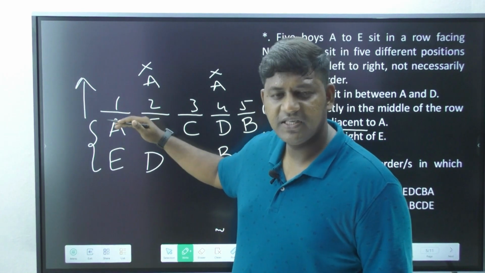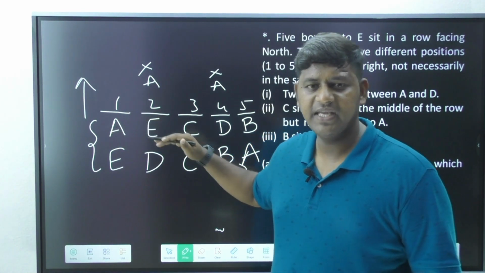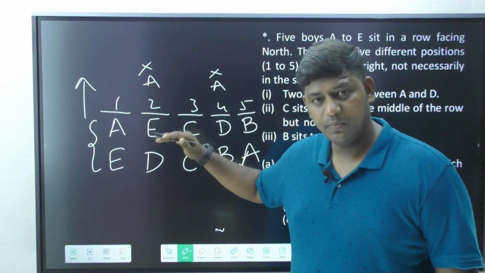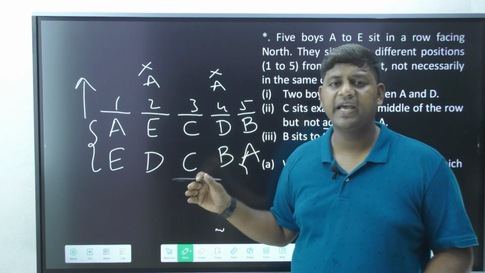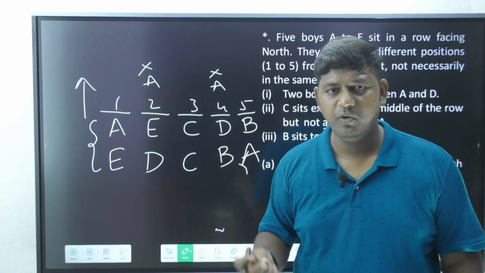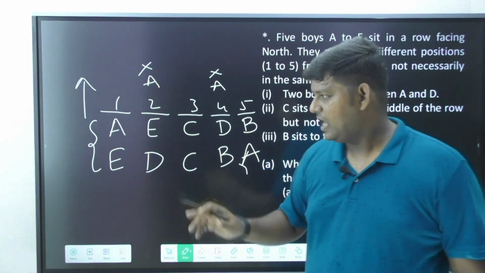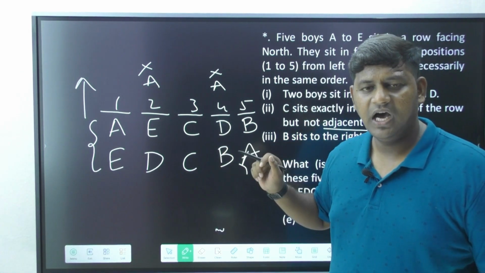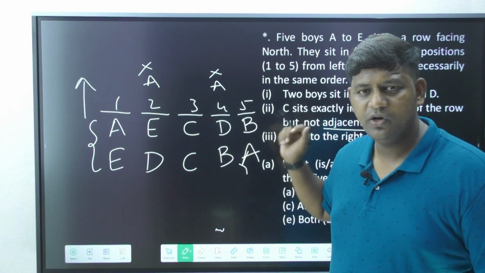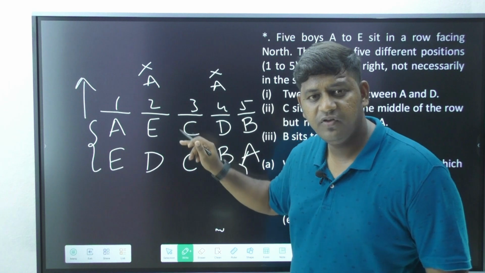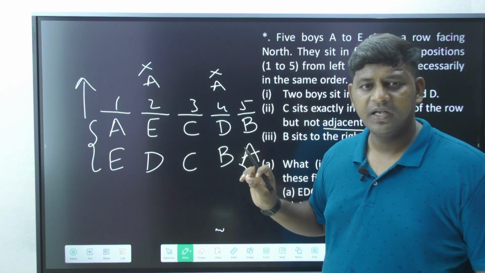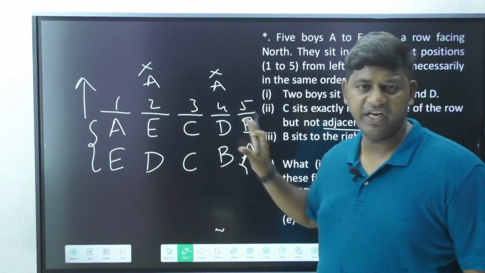Whenever you got the first possibility correct, it doesn't mean the second one is going to be wrong. You are supposed to go with the second possibility as well. Sometimes the second possibility may be ruled out because of a condition violation. But in both cases, are we violating any given condition? No.